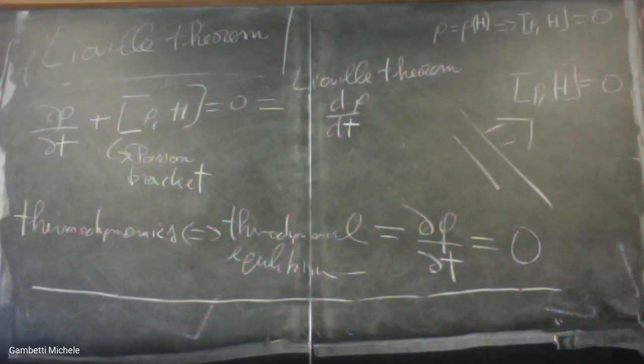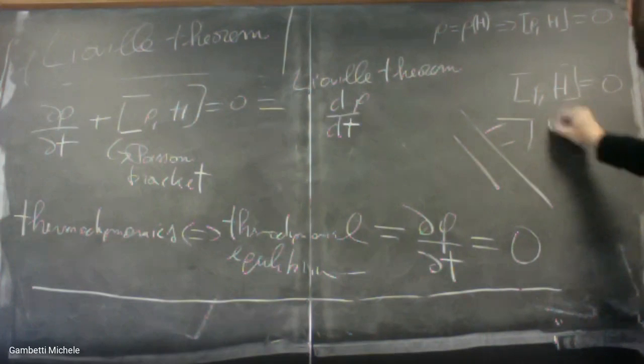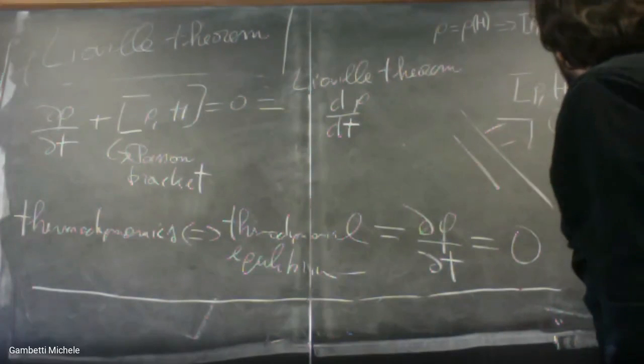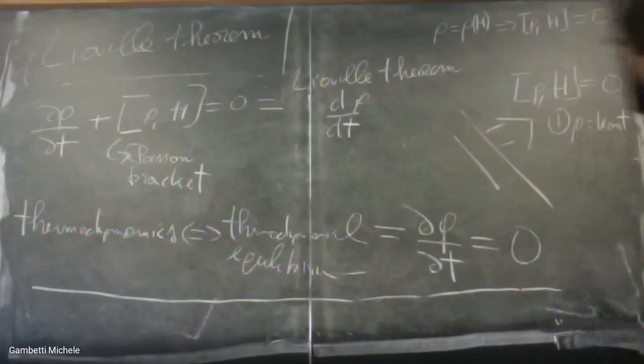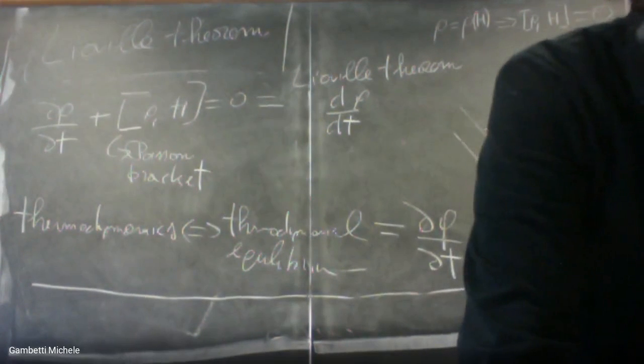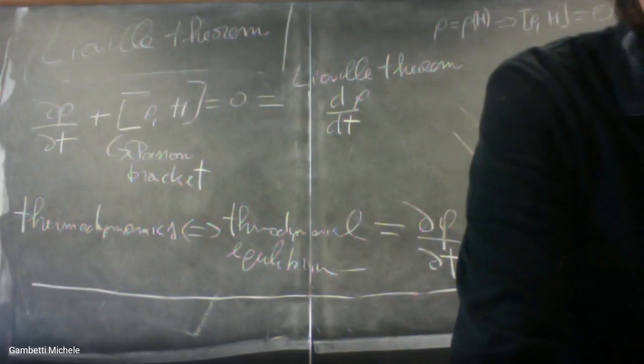Okay. So then we will show next time that rho constant is a possible choice for this ensemble, and this will provide the microcanonical ensemble.